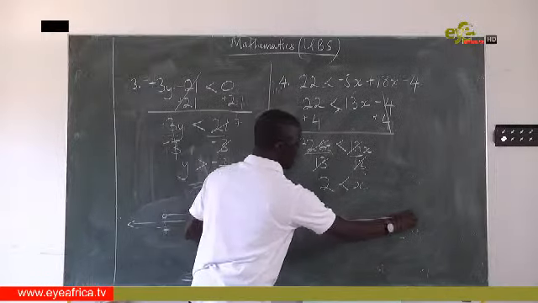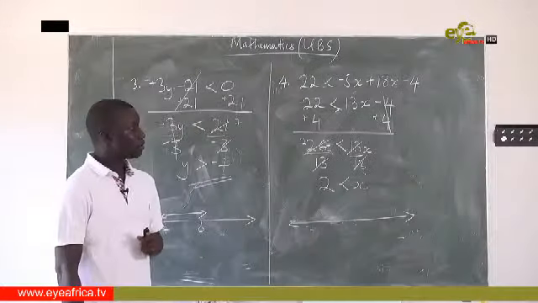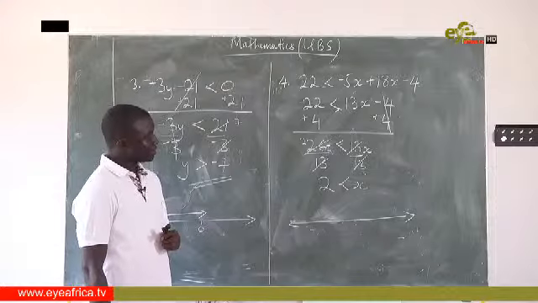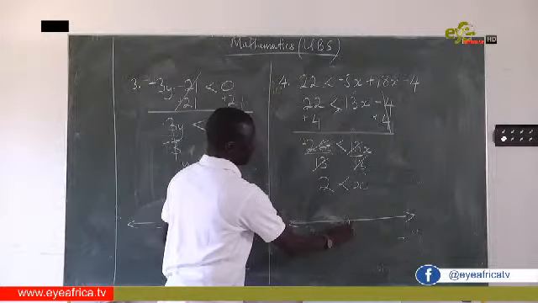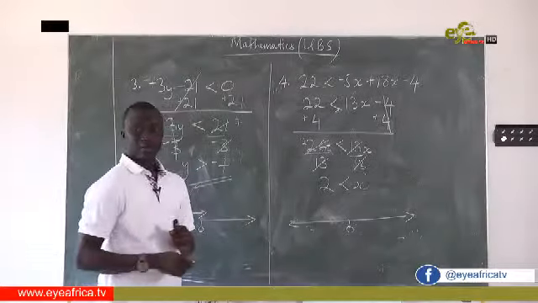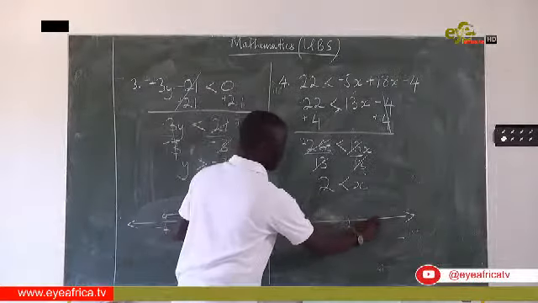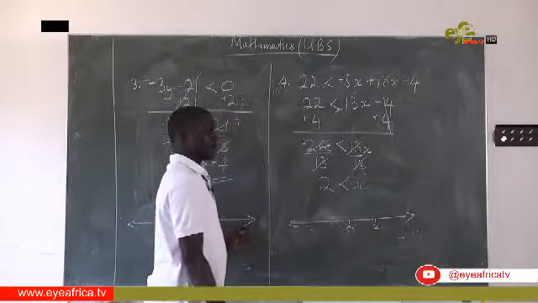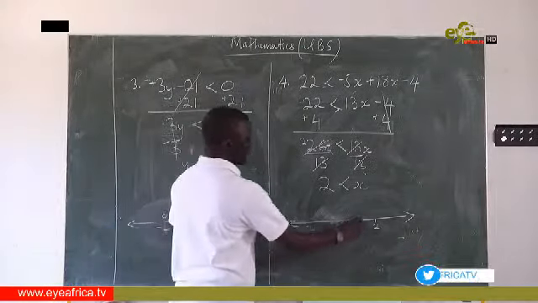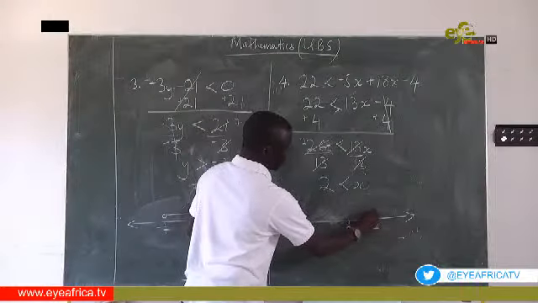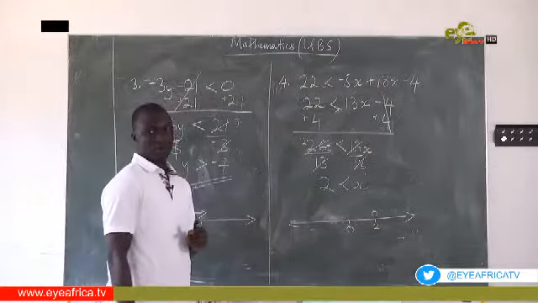We draw our graph here. Our answer is 2 is less than x. We draw our graph, locate our 0, knowing that our answer is a positive number, so therefore it should be here. Okay, and now, is the 2 inclusive because it's a less than? No, it is not inclusive, so therefore we should have an open circle.